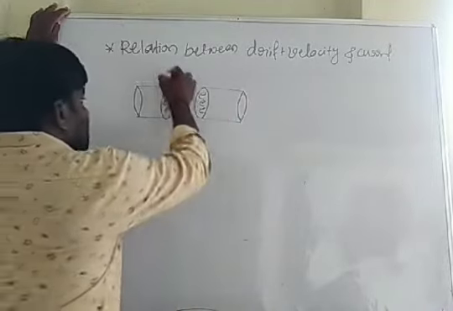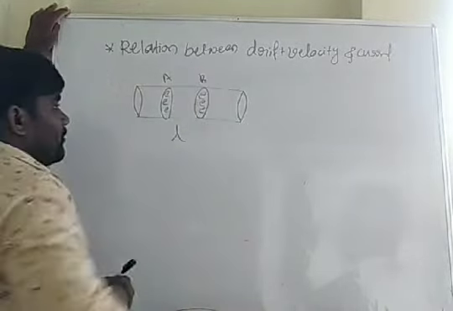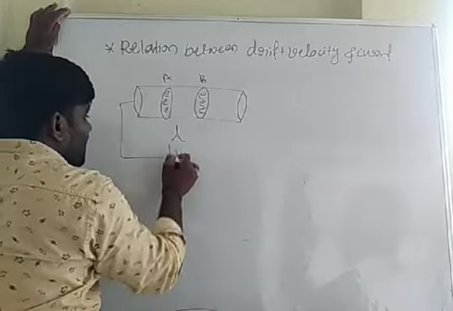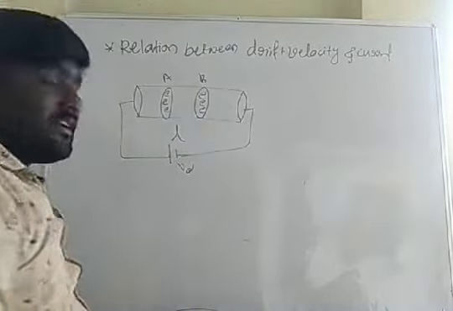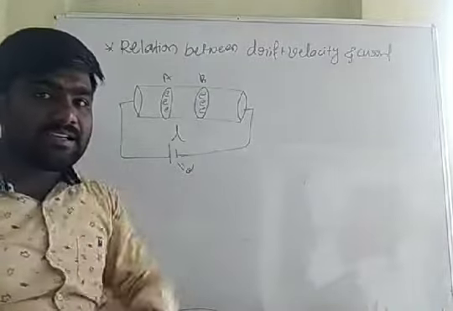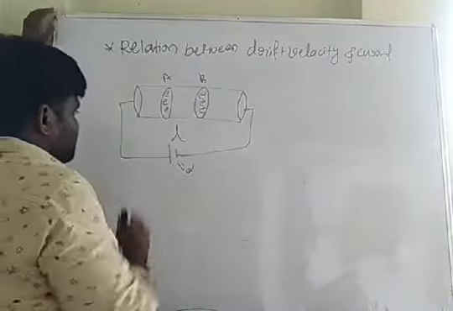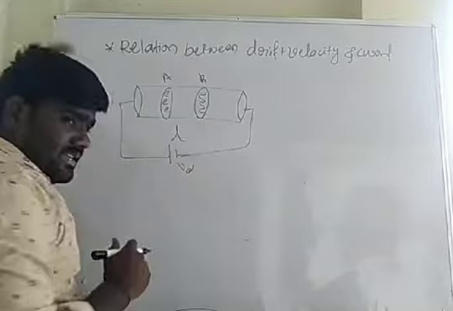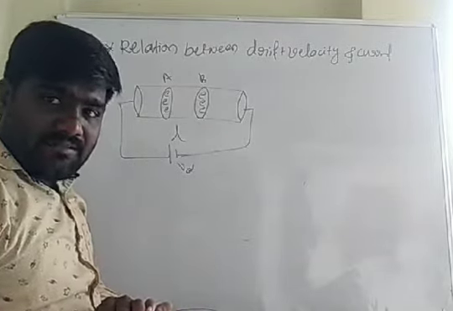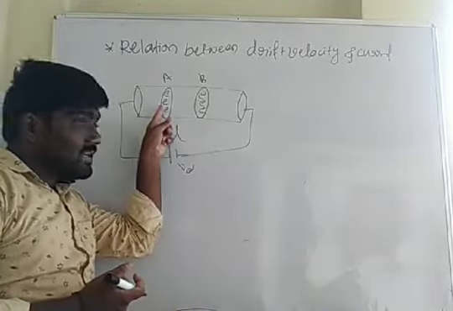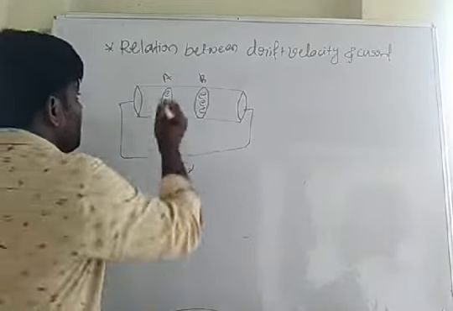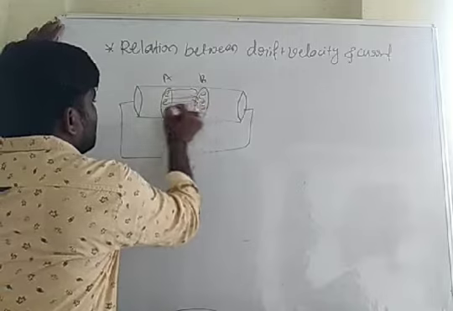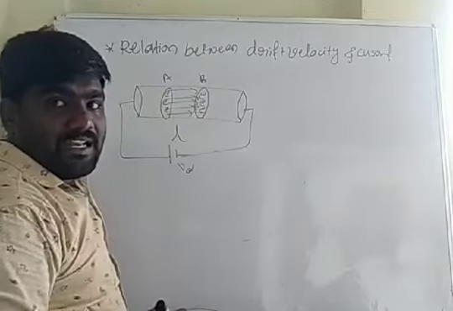This is point A, and this is point B. Across the ends of the conductor I am applying a potential difference Vd. Whenever the potential difference is applied, these electrons start to move from point A to point B.